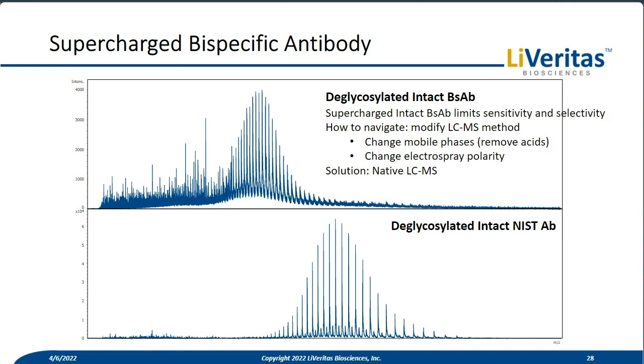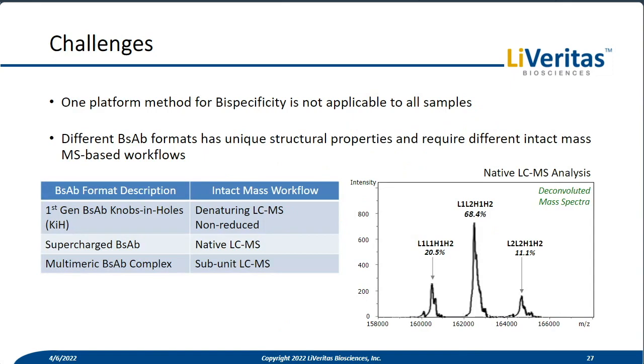What we did was remove the acid and work closer to neutral pH so that we minimize the charging effects and shift the M over Z range higher, where the multiply charged species are more properly spaced apart. And as a result of this, we were able to calculate bispecificity of our supercharged bispecific antibody samples.